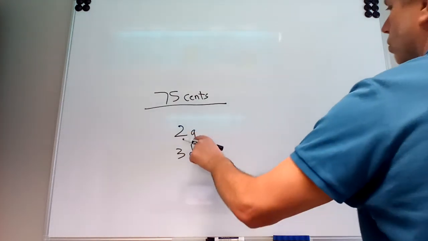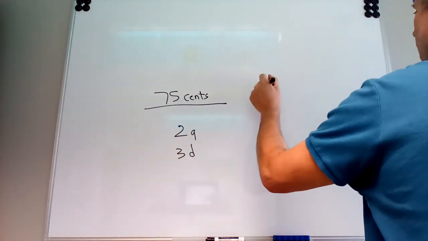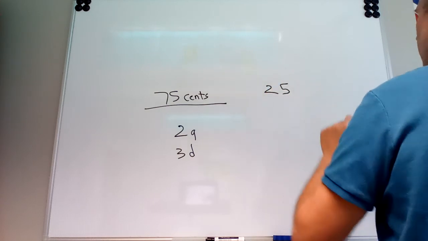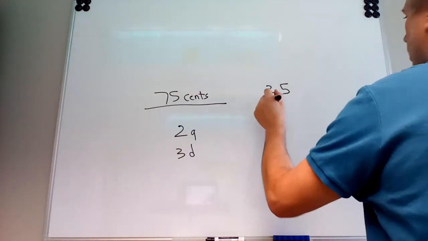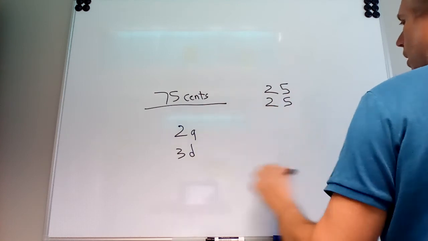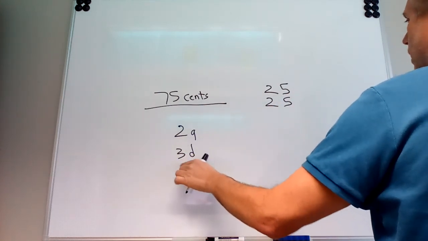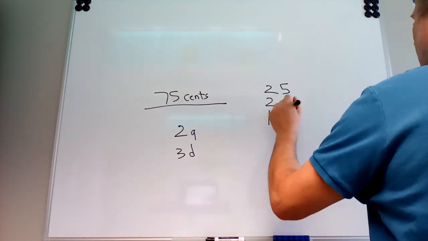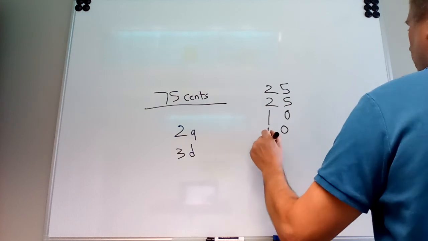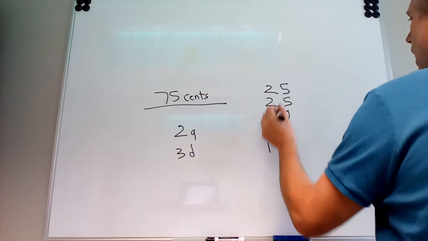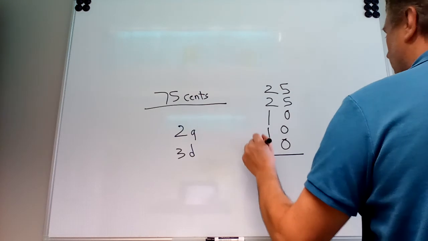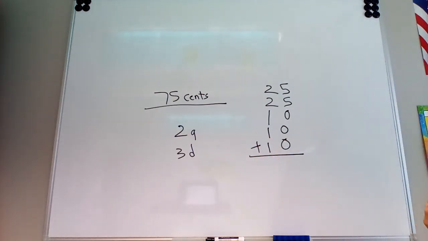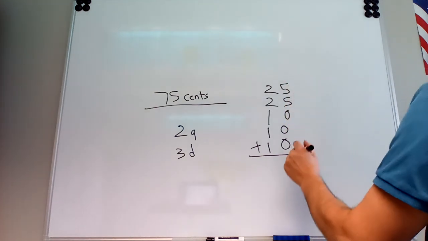So 2 quarters, a quarter's 25 cents. Okay, and you've got 2 of those, so you've got 2 25s. And a dime is 10 cents. So you've got 3 dimes, 1, 2, 3. So there's our 3 dimes and our 2 quarters. We can add these together and find out if we've got enough to purchase our candy for 75 cents. 5 plus 5 is 10.